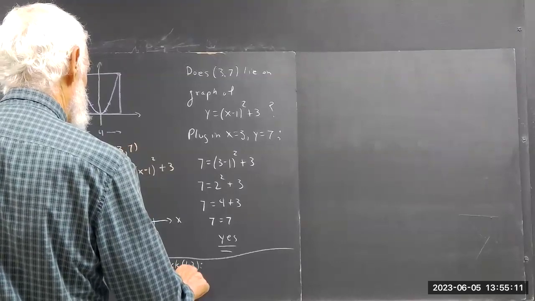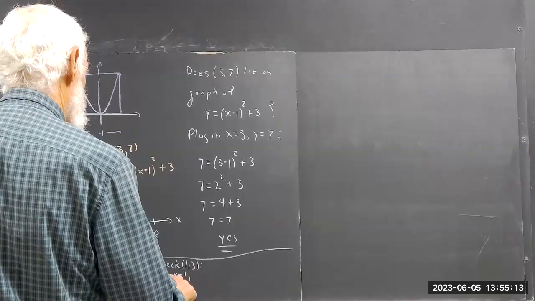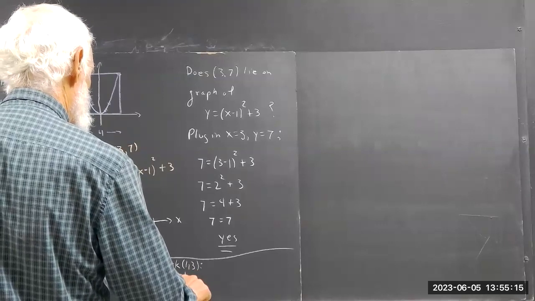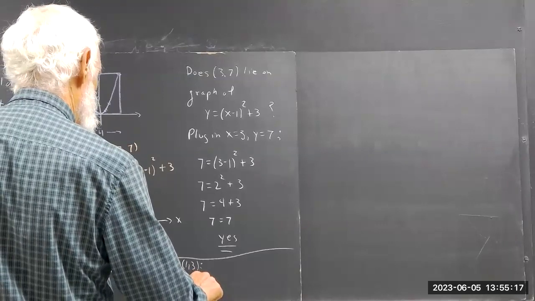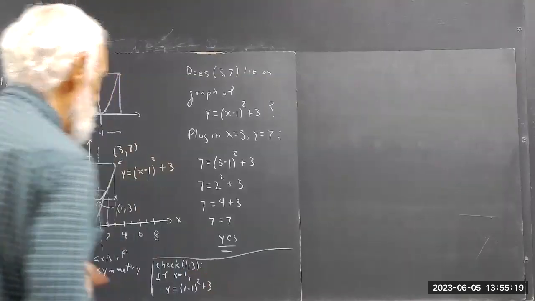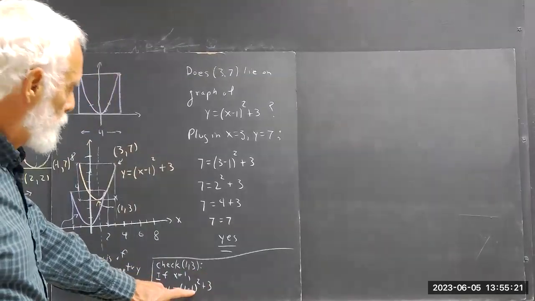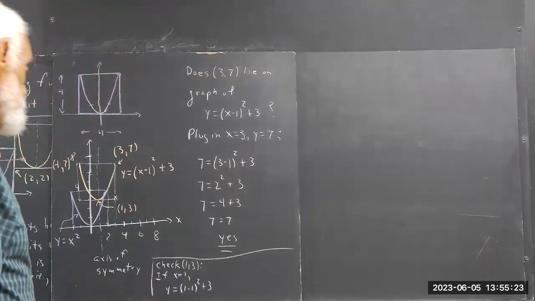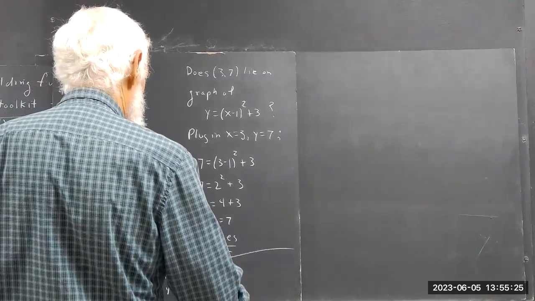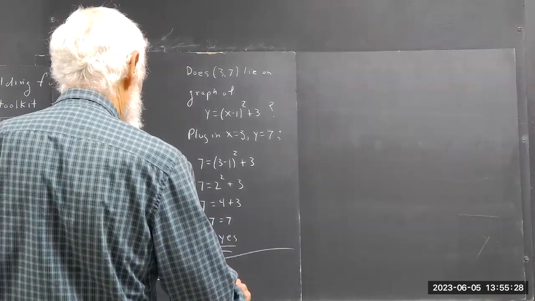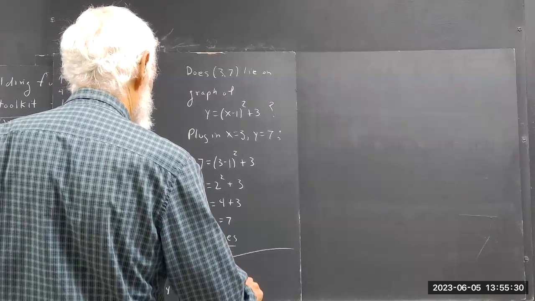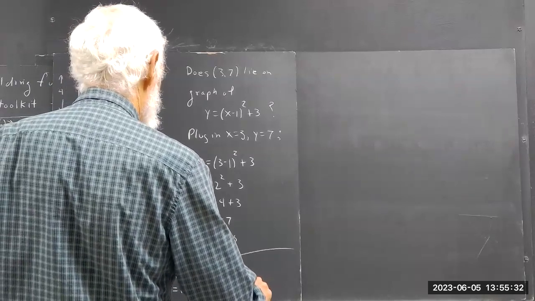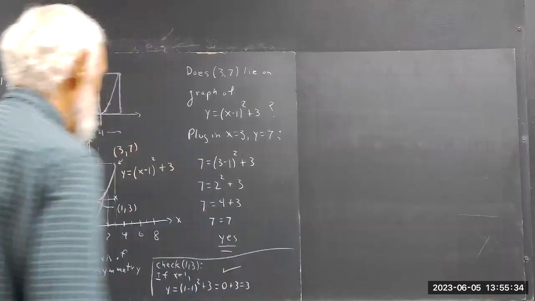If x equals 1, y equals 1 minus 1 squared plus 3. Of course, 1 minus 1 is 0, 0 squared is 0. We get 3, so that checks.